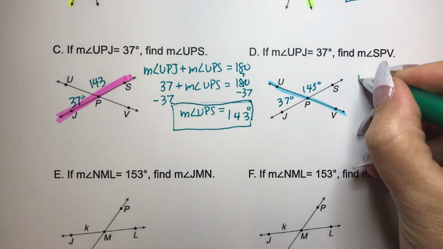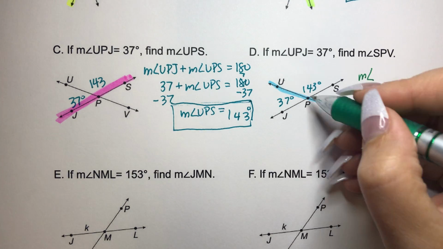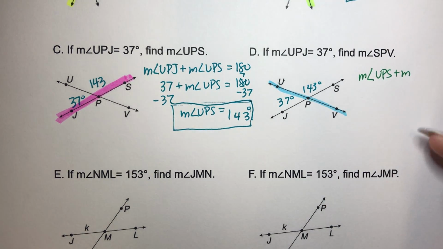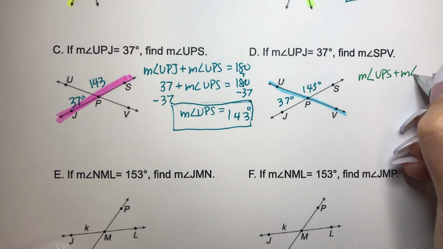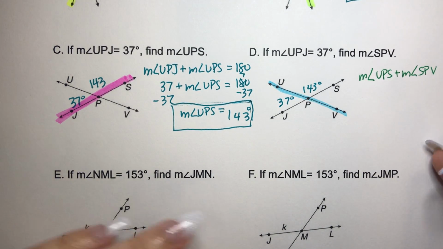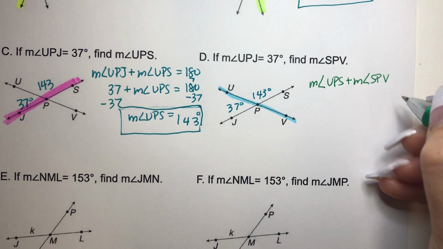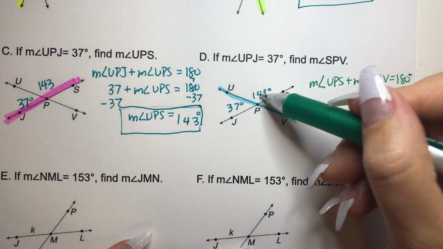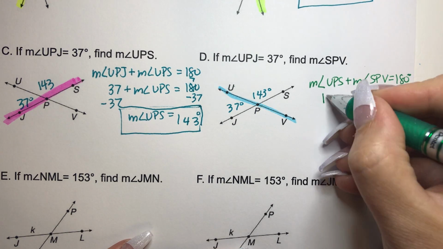So we can say the measure of angle UPS plus the measure of angle SPV is equal to 180 degrees. Then we substitute 143 in for UPS.